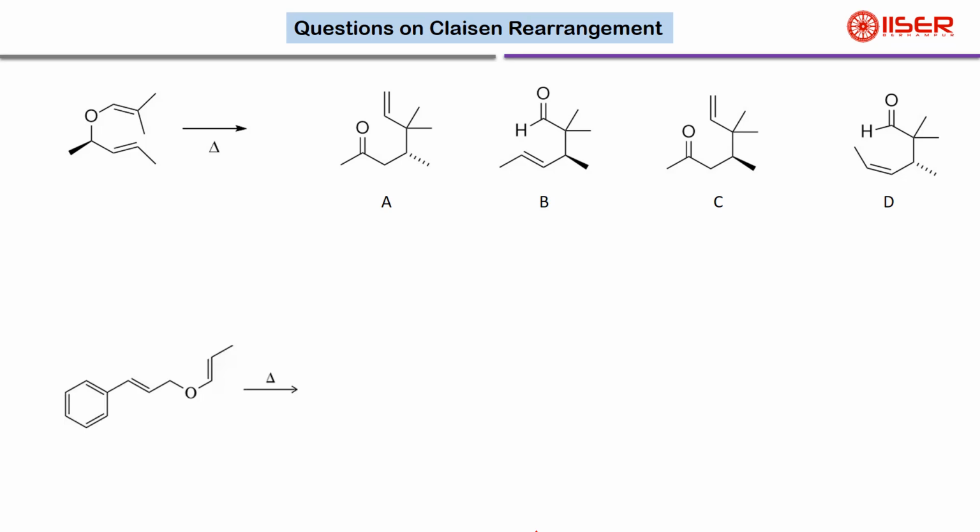I have already mentioned these are Claisen rearrangements, so obviously there will be a Claisen rearrangement. You have to just draw the arrows. I will give you 2 seconds, just think what will be the product of this reaction.